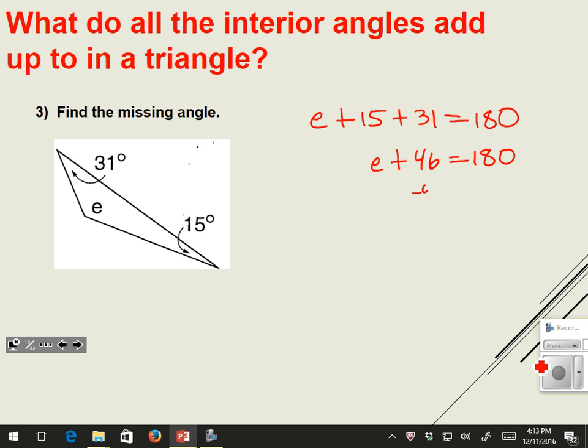I subtract 46 from both sides, and then I get E is equal to 134. Okay. Now, that was the easy part of today's lesson because it's kind of a review of what you've seen before.